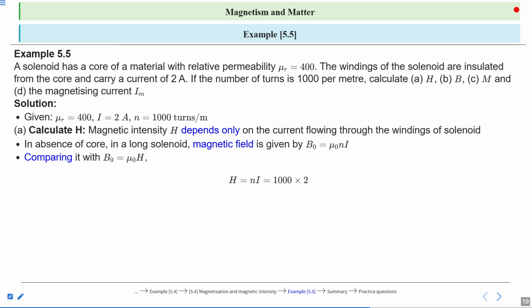N is here 1000 and the current flowing is 2 ampere, so the magnetic intensity H will be 2000 ampere per meter. Got it?